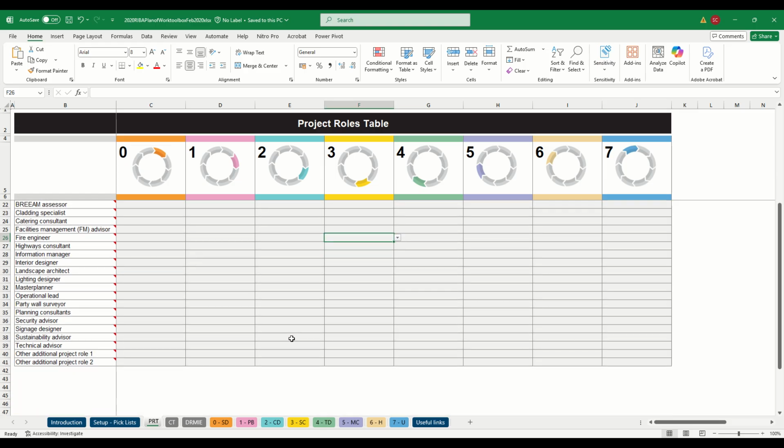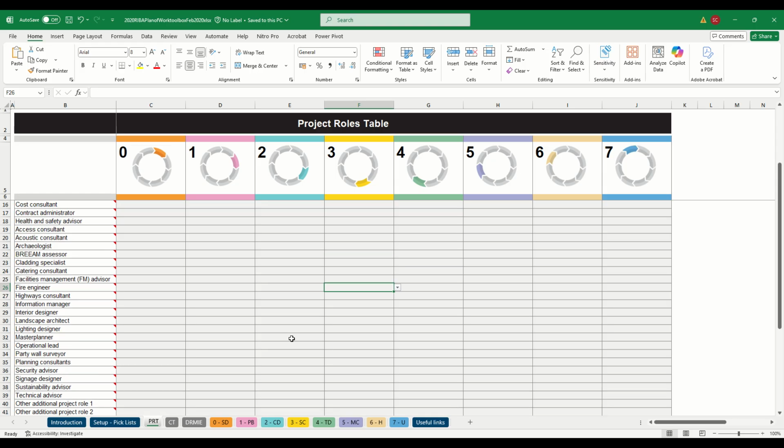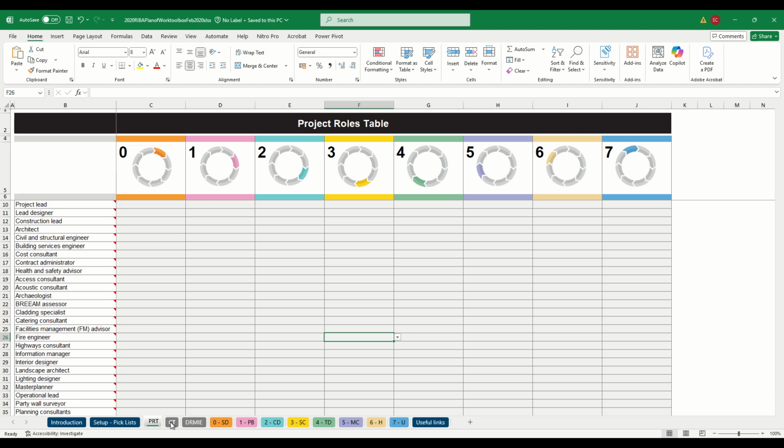So different people are going to have different roles at different stages, and so this will be a really handy template for everybody to have. But once again, it isn't really used in residential. Should be easily adaptable.